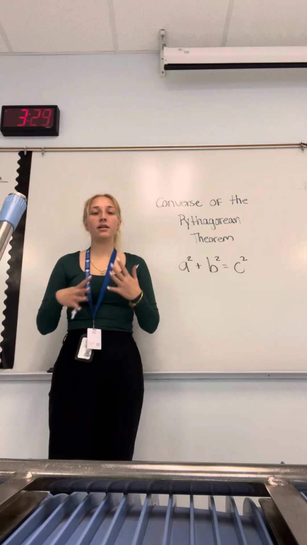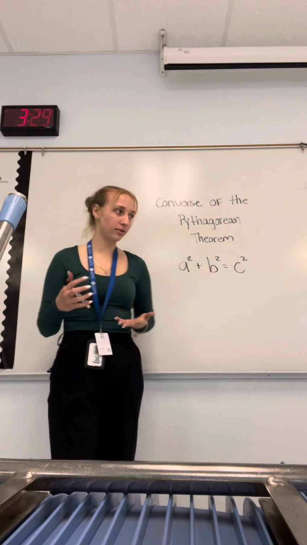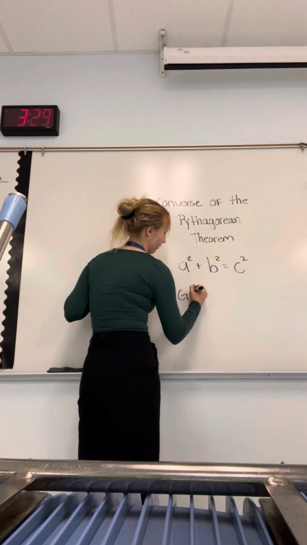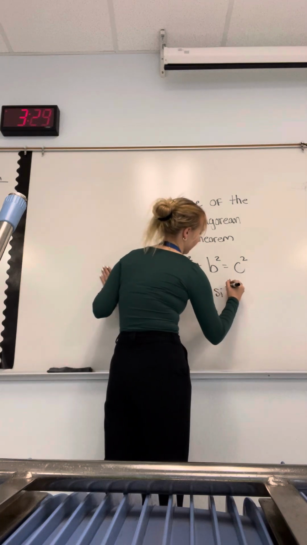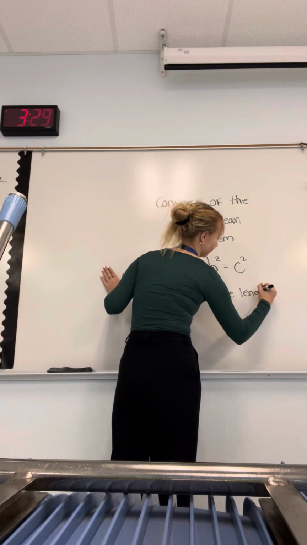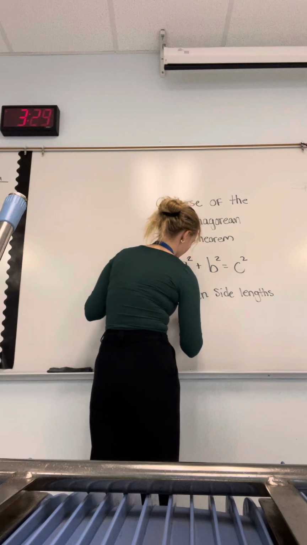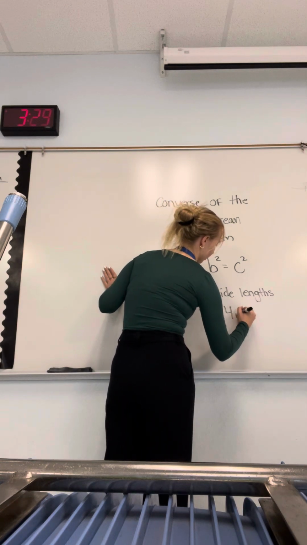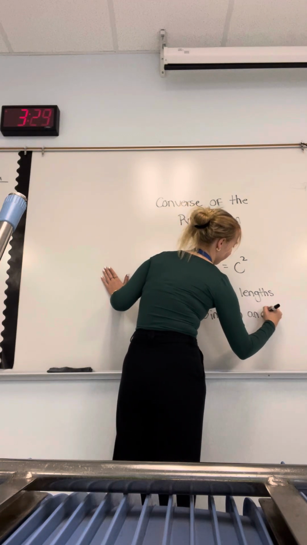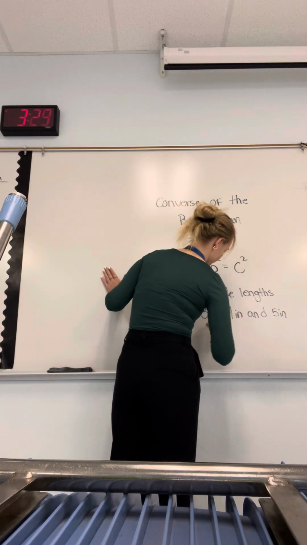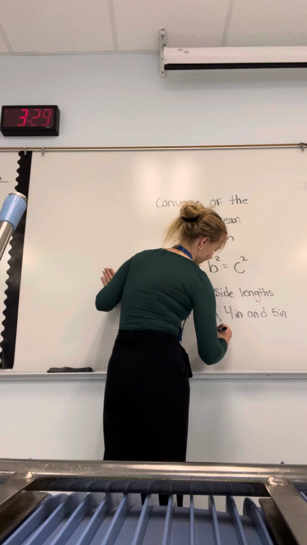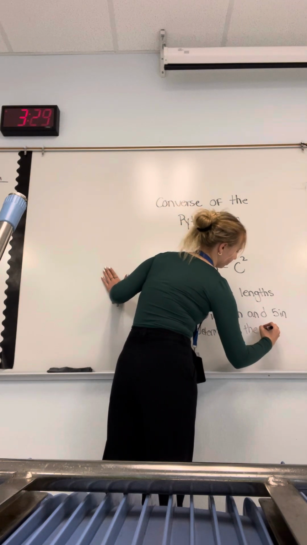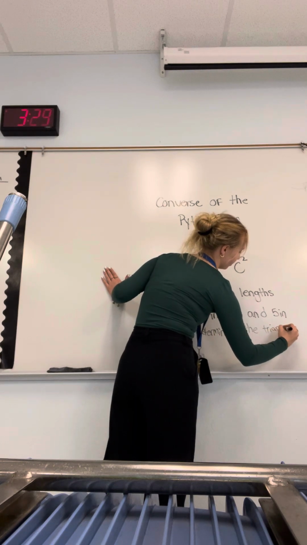So the way that these questions are going to be given to students is like this: given side lengths of 3 inches, 4 inches, and 5, determine if the triangle is right.